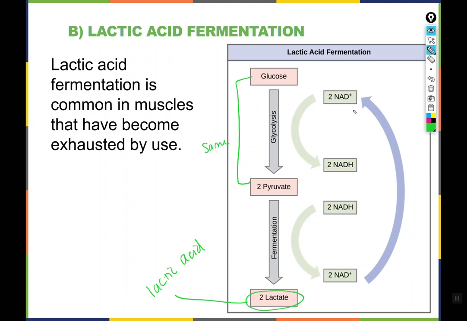So here we see we're reducing 2 NAD+ to 2 NADH. And here we are turning 2 NADH into 2 NAD+ in order to do the fermentation. What this does is keep a constant supply of NAD+ going so that the 2 ATP produced by glycolysis can happen again.